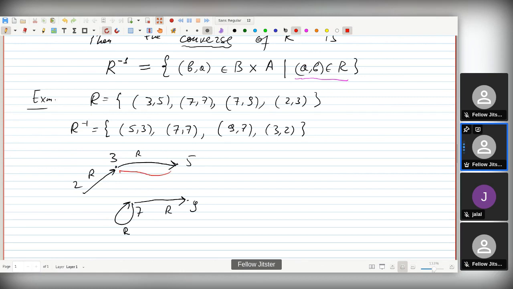For the converse relation, we can just change the direction of every arrow. Is it clear? Yes. But the loop is intact, it is the same, from 7 to 7. Is this idea clear? Yes. Okay.